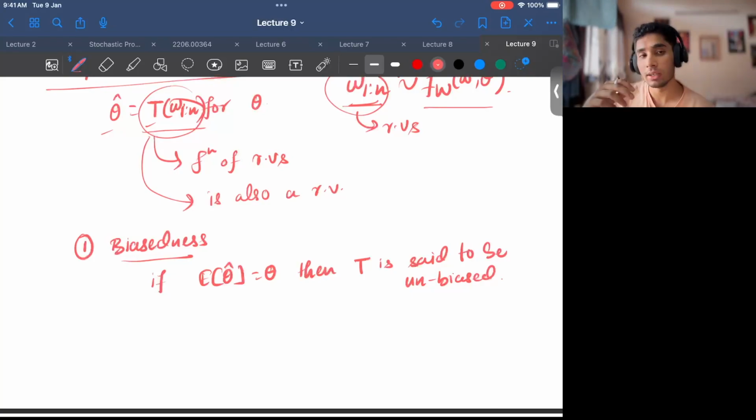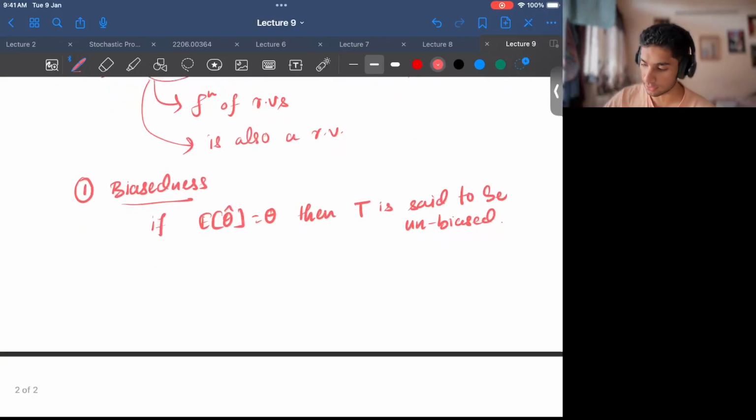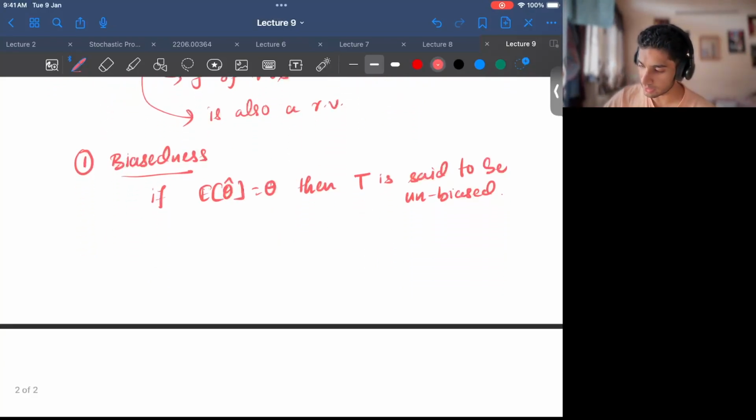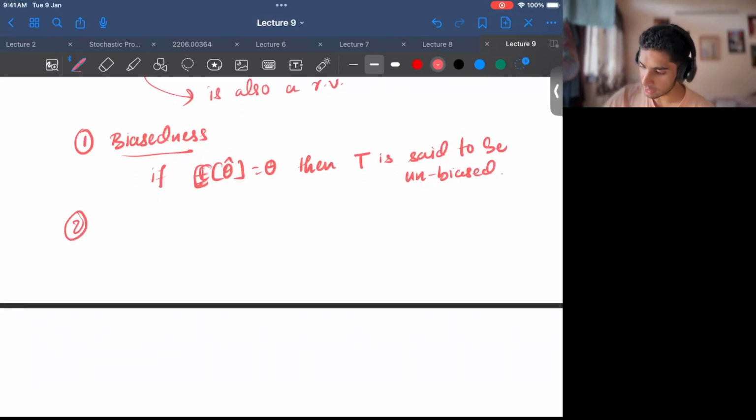So unbiasedness basically means that, on average, this estimator will give you the exact value of this parameter theta that you're looking for. That is why this expectation is there, right? And the second thing is consistency.